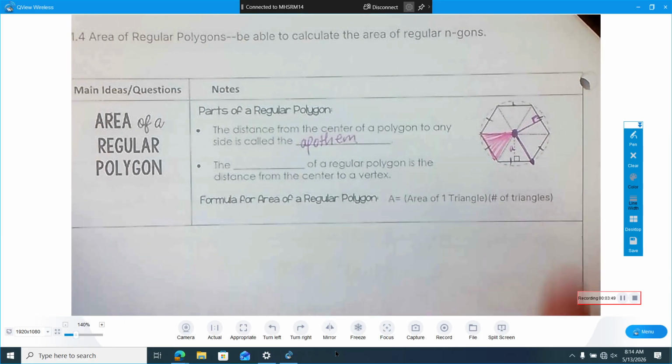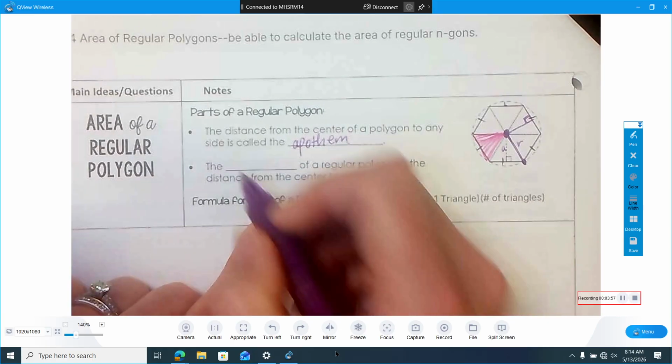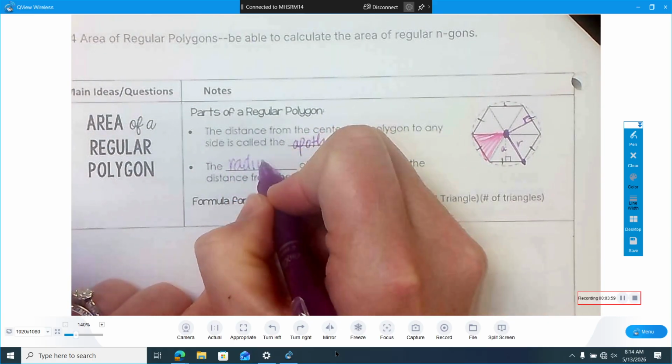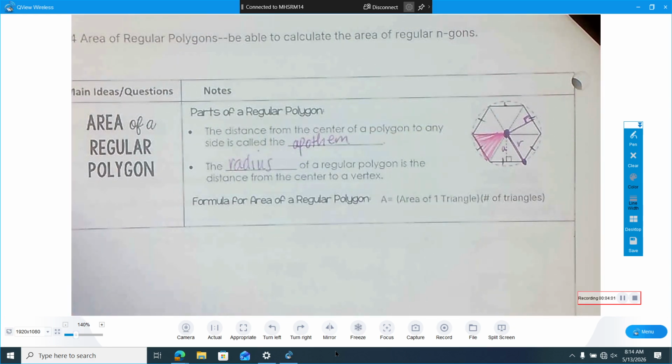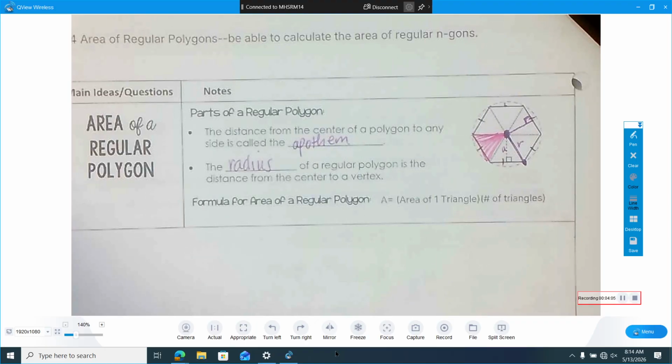And that circle and this corner, this vertex of the polygon, line up. So we call this a radius. So the radius of a regular polygon is the distance from the center to a vertex. And that's just because it also falls on the circle as well. So we can call it a radius, from the center to the edge of the circle.